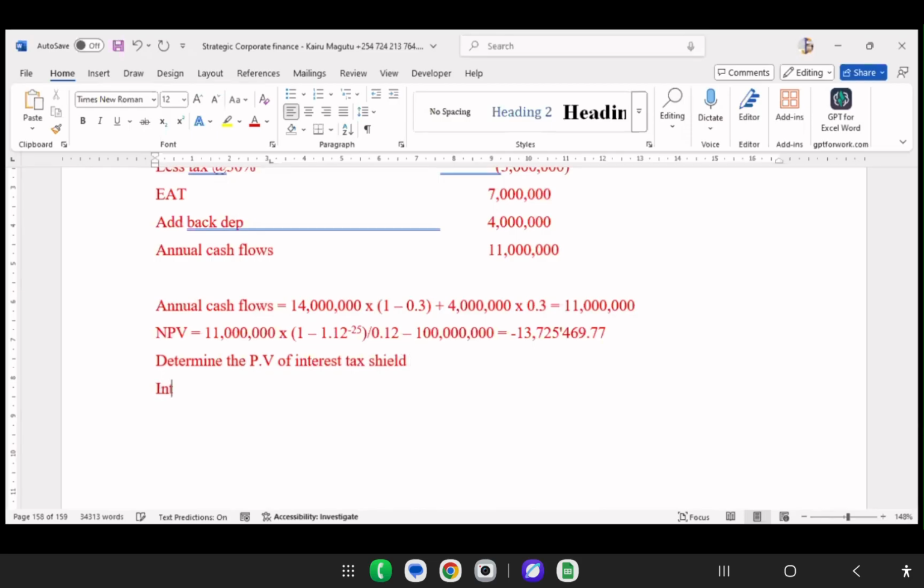So interest, if we go back to the question, we are told that the company pays corporate tax at 30%. The company investors require 12% rate of return for the project under all equity finance, and the pre-tax cost of debt of 9.5% because the extent of the grid electricity is limited and mainly concentrated near the capital city.